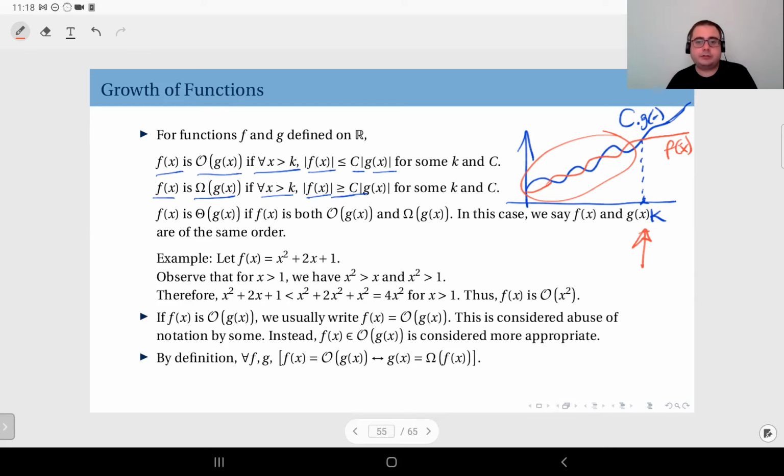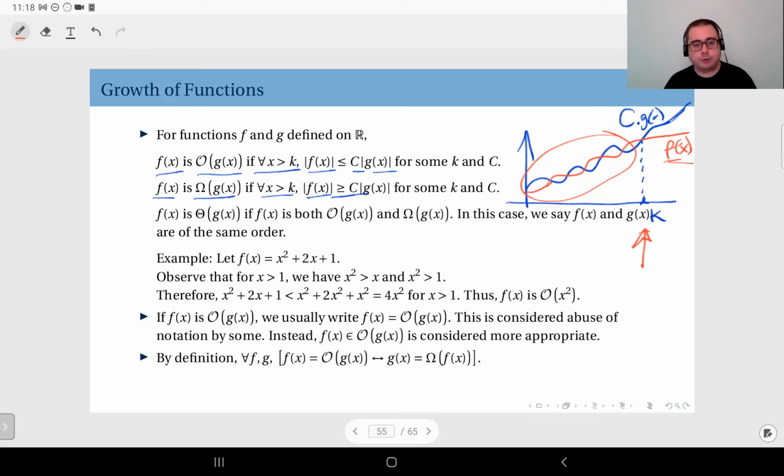This race is decided, and one of the functions has won. Or if it is the other way around, for instance, f of x grows slower, in this case we say that g of x is big omega of f of x.